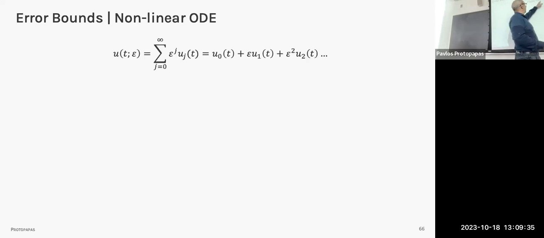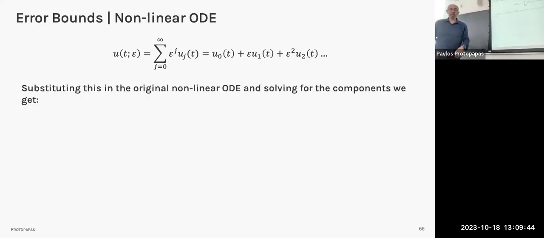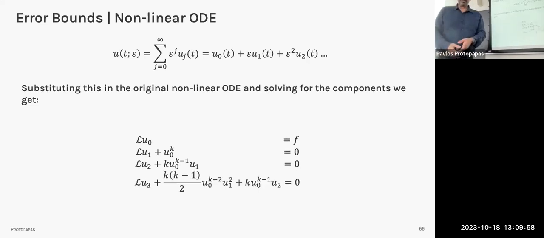We have these U0, U1, U2, where U0 is the zero mode, the first mode of the perturbation method. Because this perturbation expansion has to work for every value of epsilon, you start matching terms, and we end up with a series of linear equations.